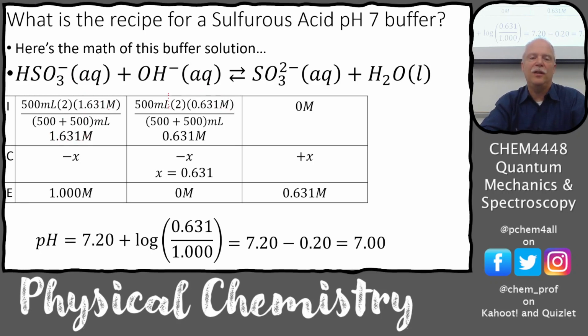If we do the same with the base, only now we have 2 times the 0.631, 500 mils mixed in with 500 mils, it's diluted by half, we have the 0.631. Okay. And then this is strong base, and it rips that proton off and makes the conjugate base here. So we're making the conjugate base by adding strong base.